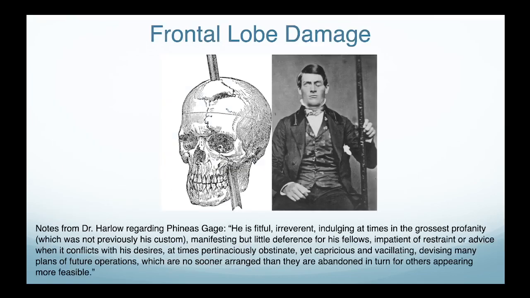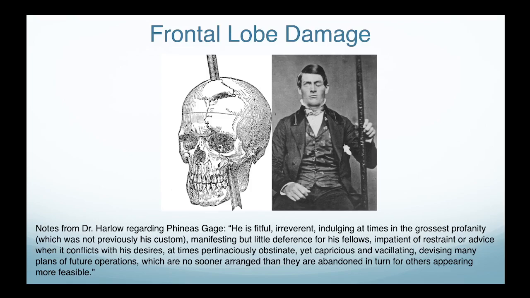Again, we were talking about frontal lobe damage being associated with your higher executive function, emotional function, and behavior. That can be demonstrated really well with the case of Phineas Gage. Phineas Gage was a railroad worker.